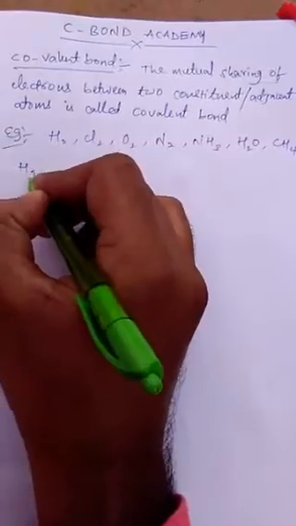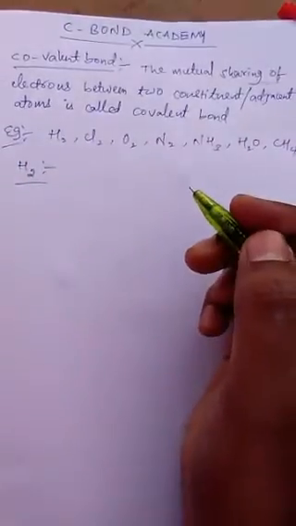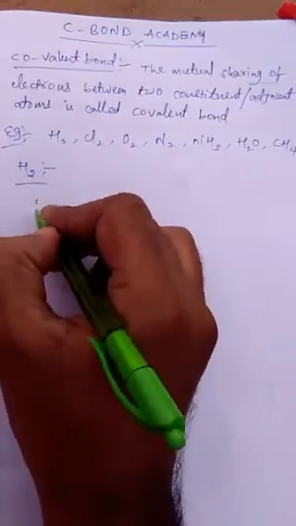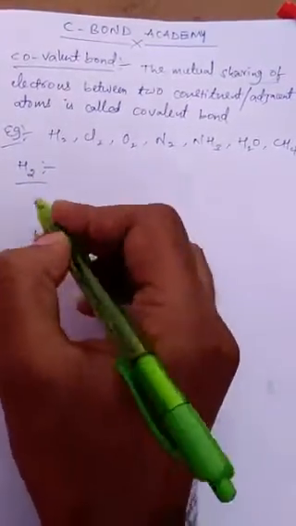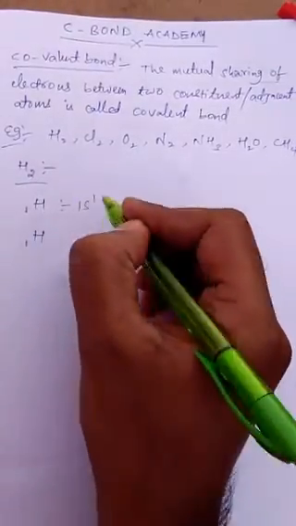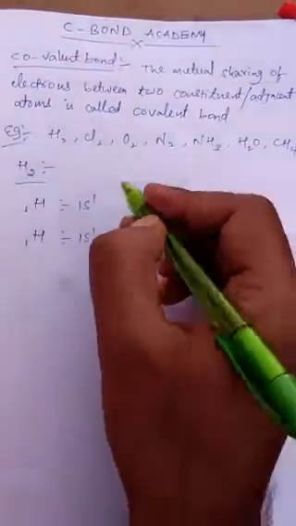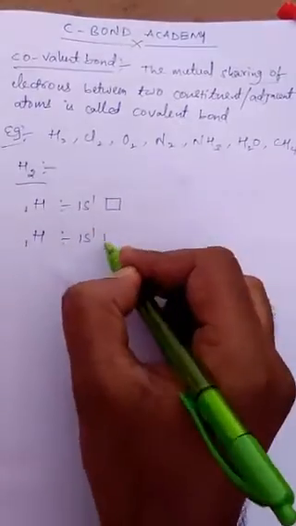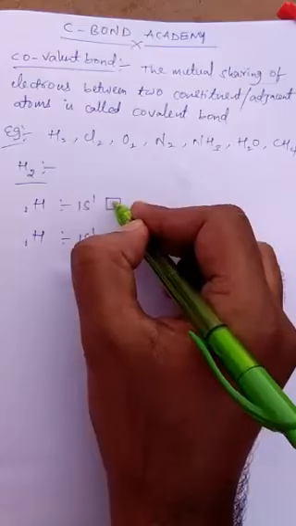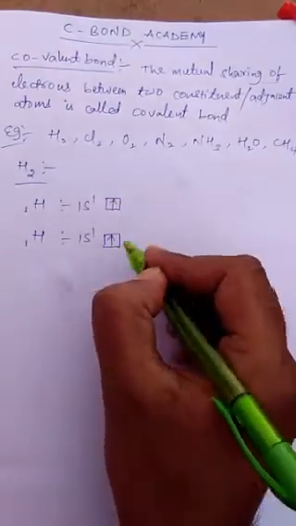Now, first of all, the hydrogen molecule. Covalent bond in hydrogen molecule. The hydrogen molecule contains two hydrogen atoms. Hydrogen's atomic number is 1, and the electronic configuration is 1s1. So there is only one s orbital, and the electron is 1.